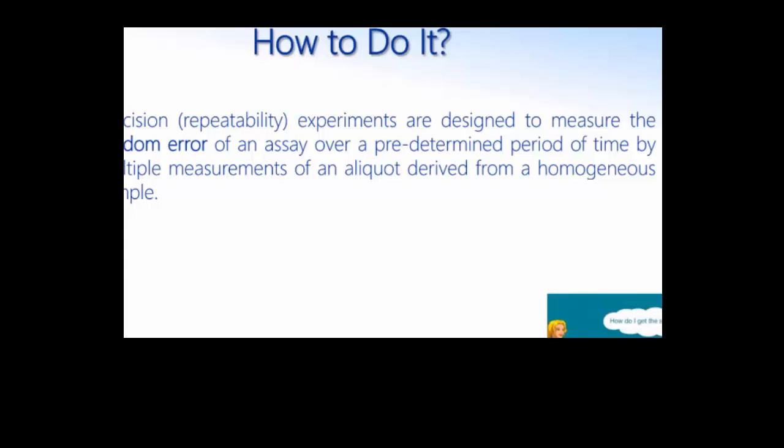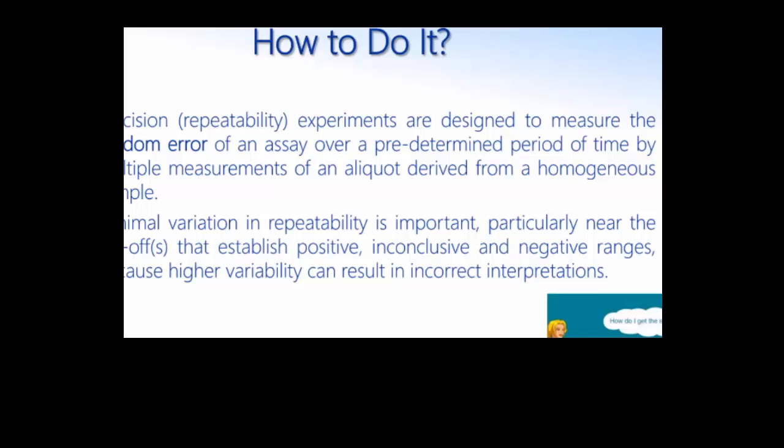So minimal variation in the repeatability is very important, and this is particularly important near the cutoffs that establish positive, inconclusive, doubtful or negative ranges or results, because higher variability can result in incorrect interpretation at the end.